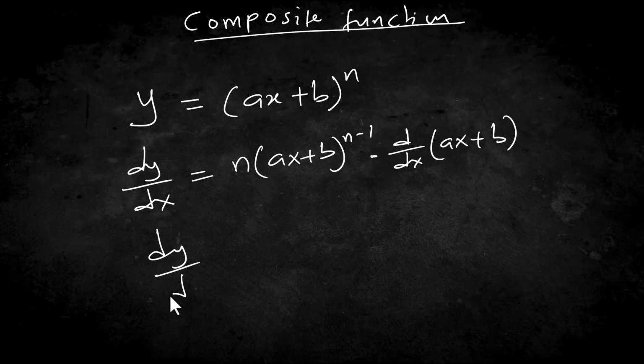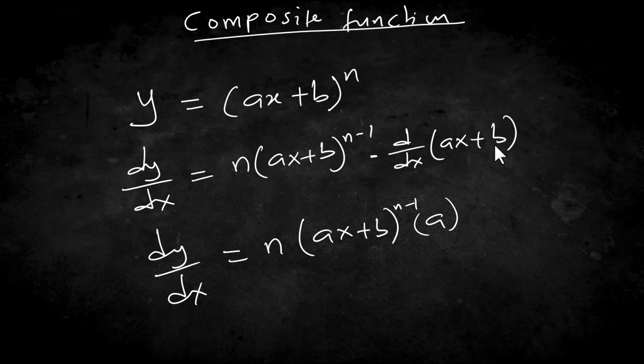So we have n(ax plus b) to the n minus 1. So this one will be a, since this one will be constant 0 and this one will be a. So we have na(ax plus b) to the n minus 1. All right, so that's dy/dx.